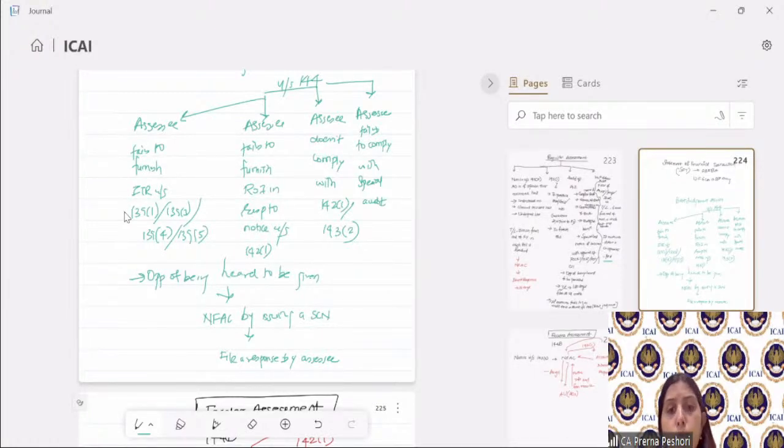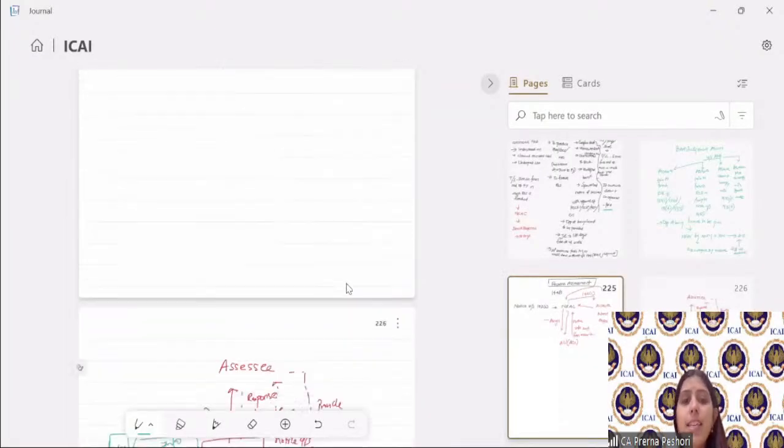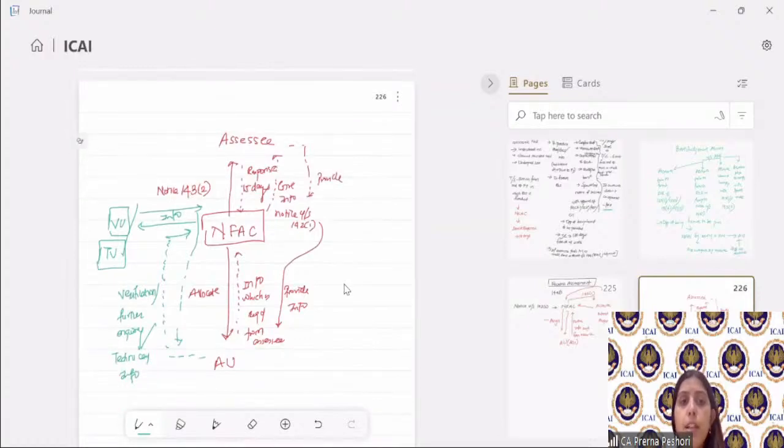And where the assessee does not file the response to this, if no response, then the NFAC will intimate to the AU to carry out the assessment as per 144. Is that clear? So, in all these cases where, say for example, NFAC issues 143 notice or 142 notice, the assessee has to file the response within 15 days.